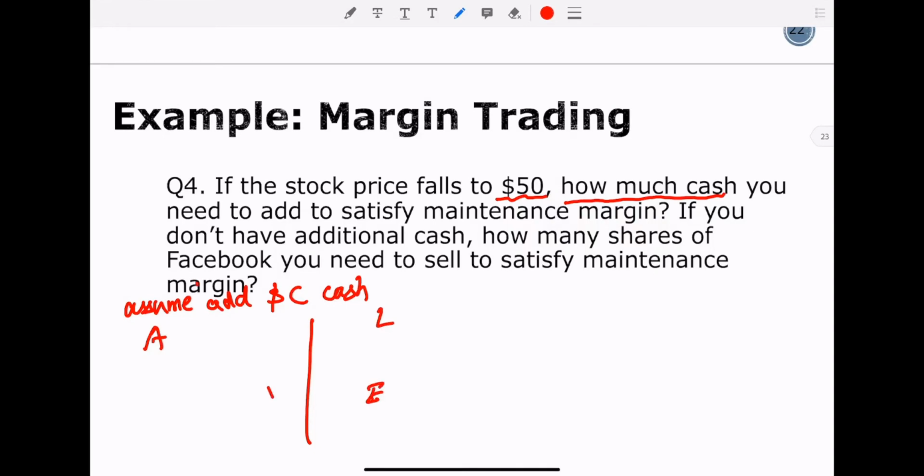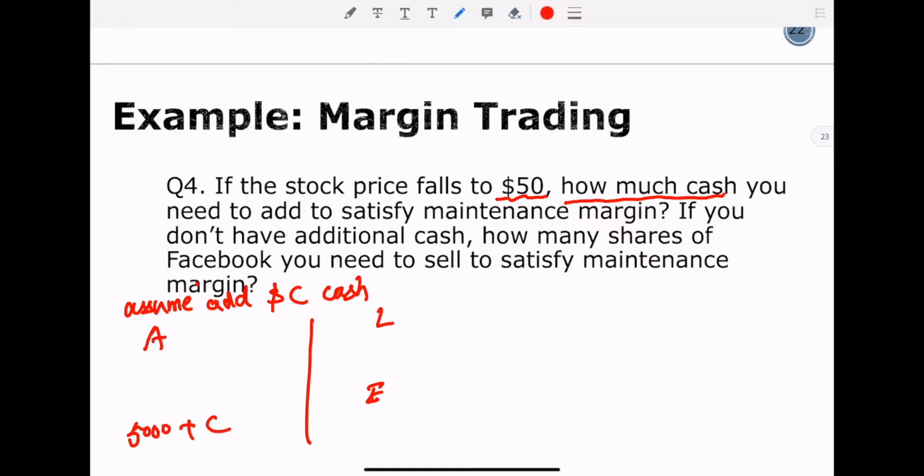Your stock price falls to 50. So your asset is 100 times 50, which is 5,000, right? And additionally, you have cash C here. So your asset is actually 5,000 plus C. So this is your total asset.